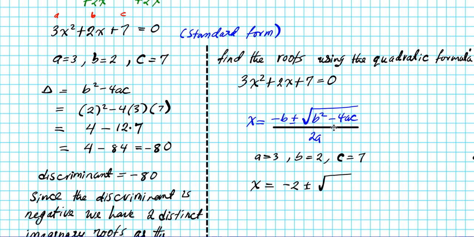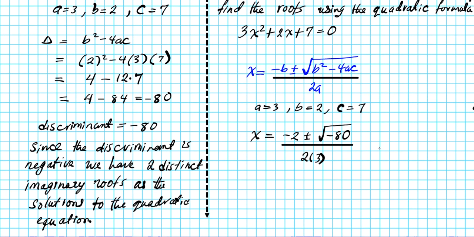So b squared minus 4ac is negative 80. We already know what that is, so we can just put it here. We don't have to do the work again. And the whole thing divided by 2a. a is 3, so we have 2 times 3. Now this becomes negative 2 plus or minus root negative 80 over 6.